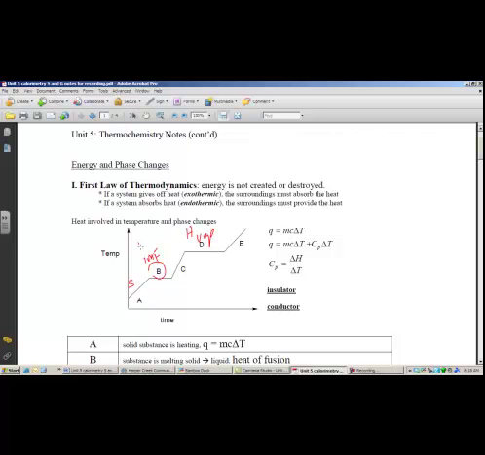So we have the heat of fusion here at plateau B, and then the heat of vaporization at plateau D. And you can take that even further, taking gas and superheating it beyond the 100 degrees boiling if you wish.